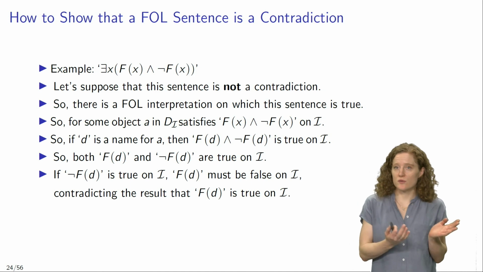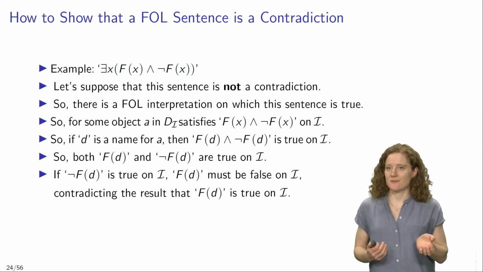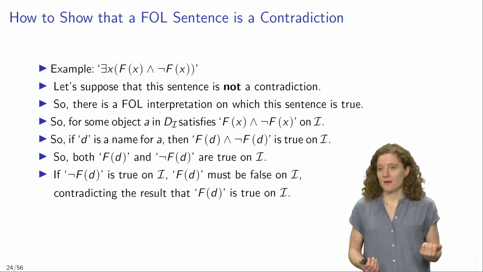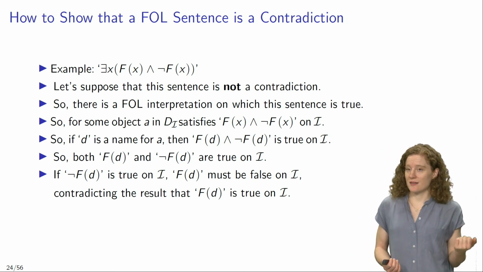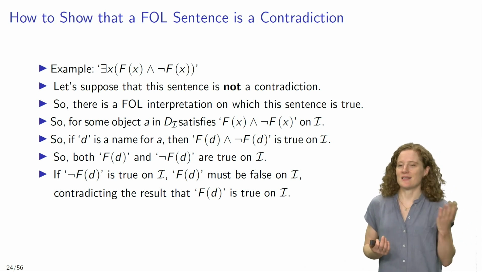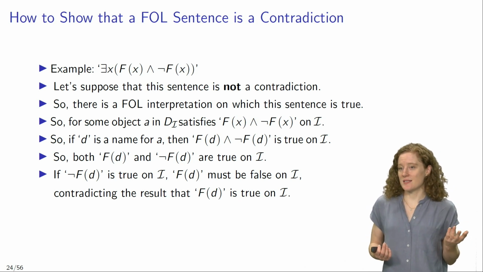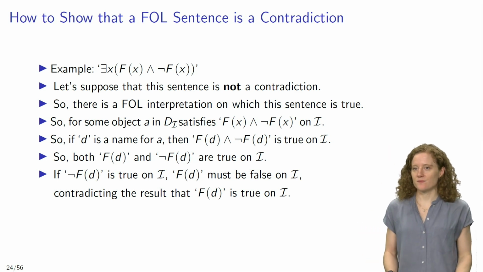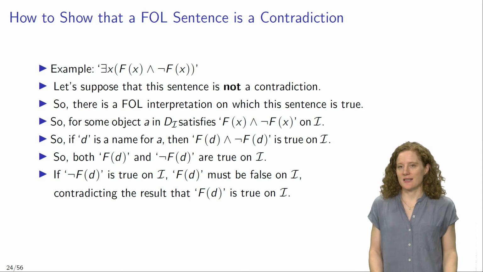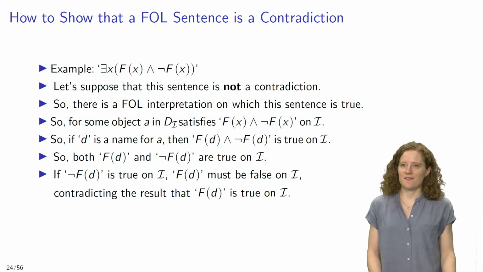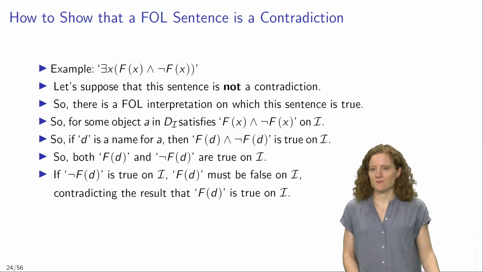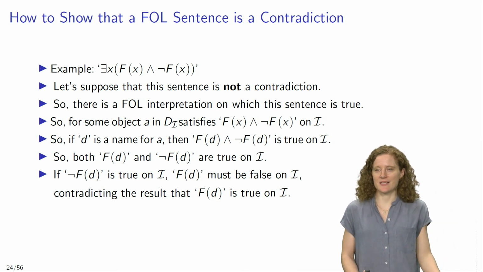We have assumed that the sentence "there is an x such that Fx and not Fx" is true on some interpretation, and we have shown that it then follows that a sentence of the form Fd both is and is not true on I. And that's a contradiction, and so we can conclude that the sentence "there is an x such that Fx and not Fx" is false on every interpretation, which means that it is a contradiction.